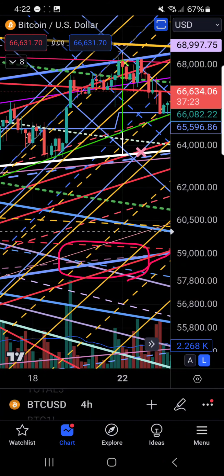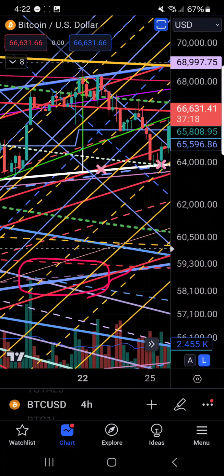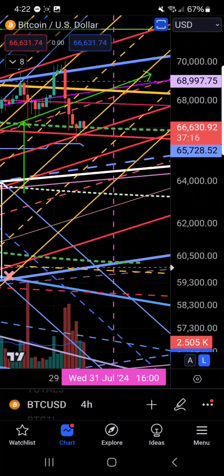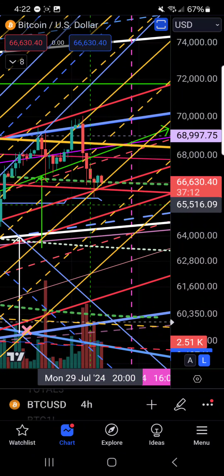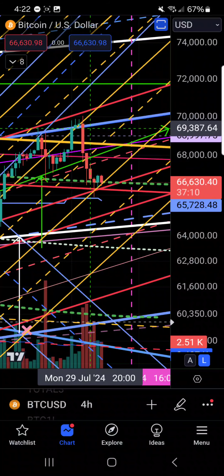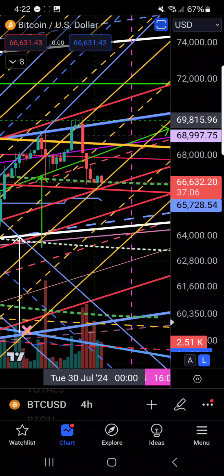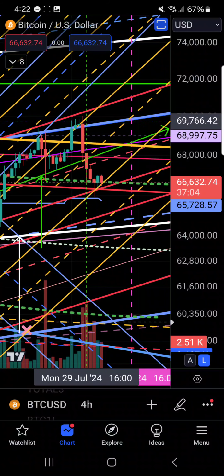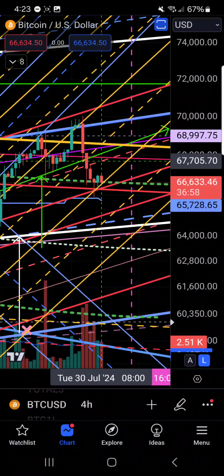But so what I believe is going to occur, since we got rejected off the top of this red channel or blue channel, whichever one. Now these red channels overlap.